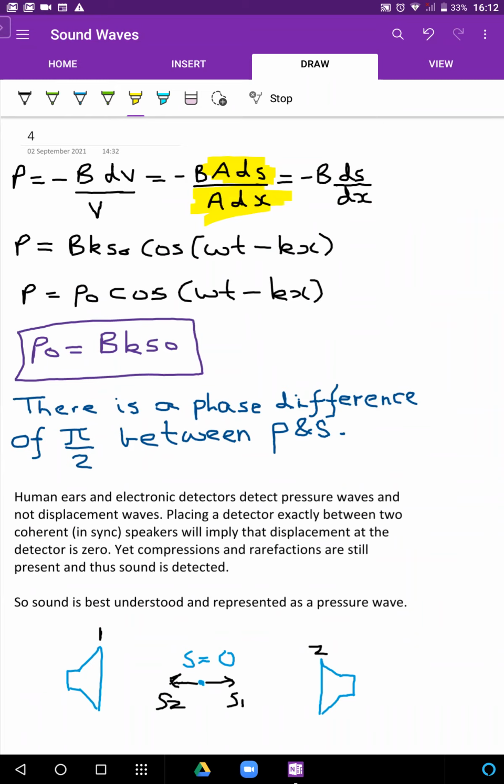So when I divide dV by V, A ds by A dx, the A cancels, and pressure comes out to be minus B into ds by dx. That's how pressure relates with displacement. If you're ever given the displacement equation and want to find the pressure equation, and don't have the patience for this entire derivation, you can use this result.